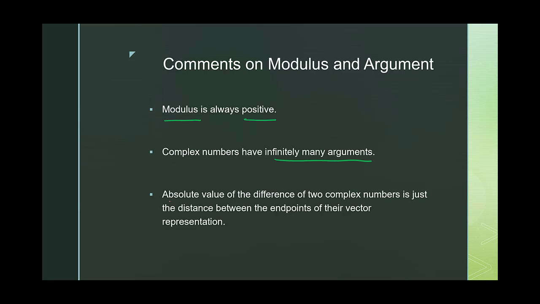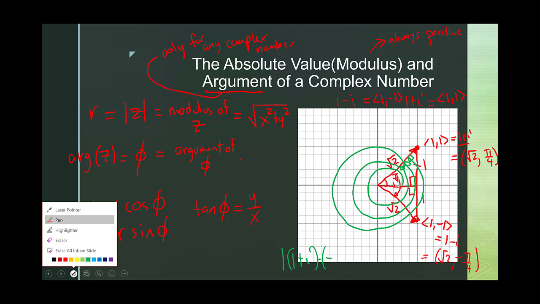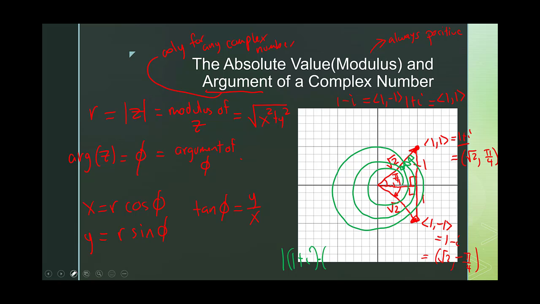Another note, if you take the absolute value of the difference of two complex numbers, you're just getting the distance between the endpoints of their vector representation. So if we go back here, if I were to look at the absolute value of 1 plus i minus 1 minus i, notice what are we going to get here? The ones cancel out.